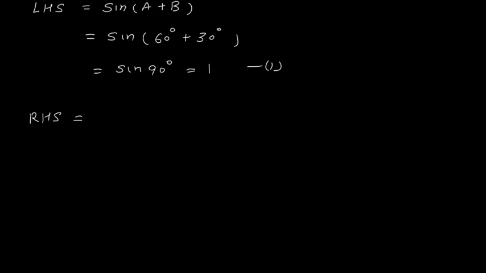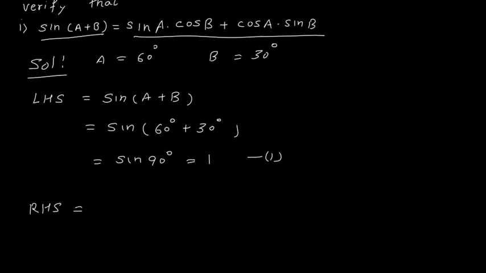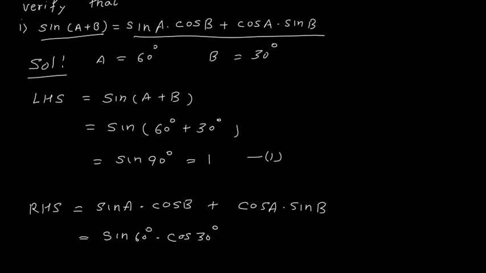So the right hand side is sin A into cos B plus cos A into sin B, where A is 60 degree and B is 30 degree.